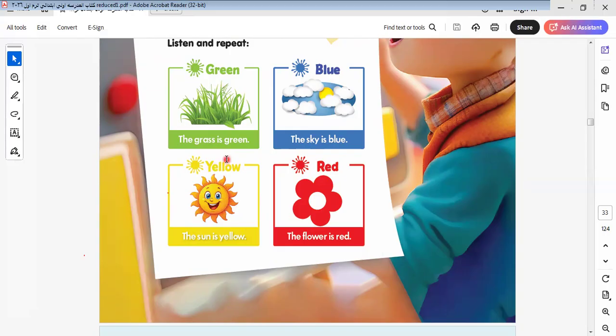The sun is yellow. The flower is red. Repeat after me. The grass is green. The sky is blue. The sun is yellow. The flower is red. So we have green, blue, yellow, red.